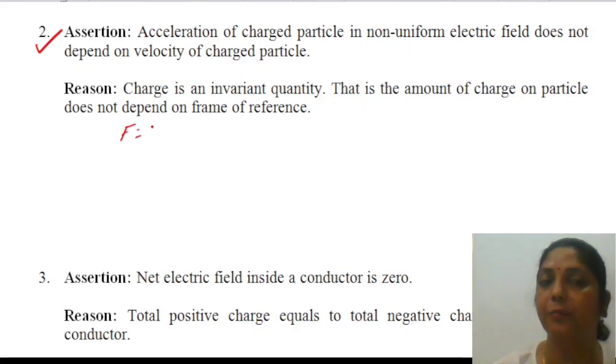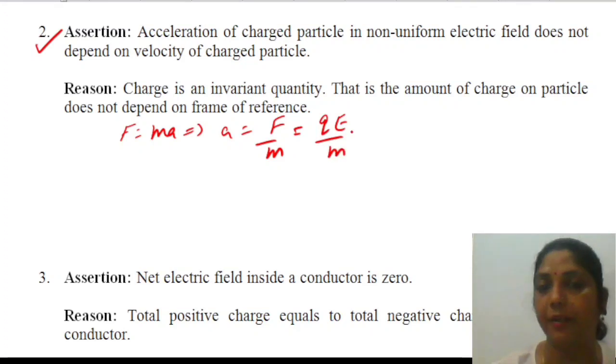F equals ma, so acceleration is F by m, and F in terms of electric field is qE, so acceleration is qE by m. If the charged particle is placed in a non-uniform, that is varying, electric field, its acceleration is changing.